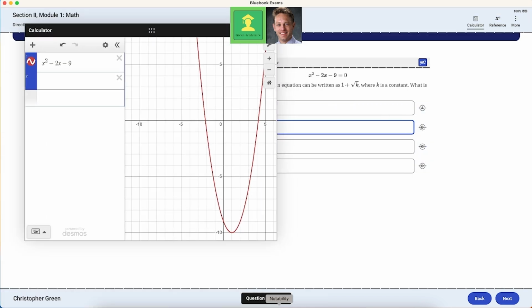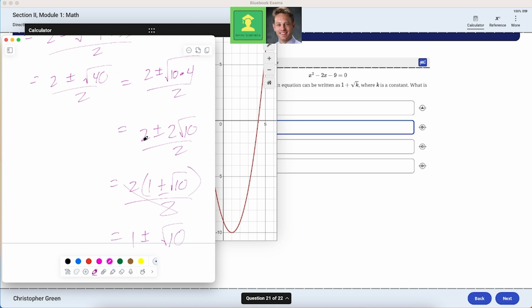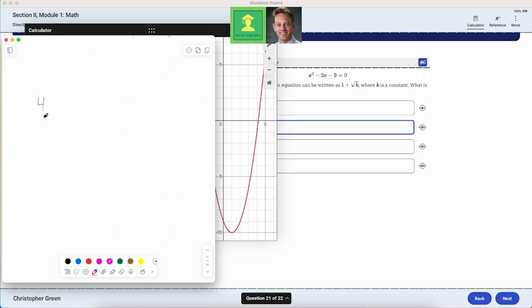So I'm just going to call it 4.162. So if you had done this by graphing, this is approximately equal to 1 plus radical k. And if I subtract 1, I'm looking at this being approximately equal to this. And if I square both sides, it's approximately equal to 3.162, which you can confirm on the calculator is about 10.